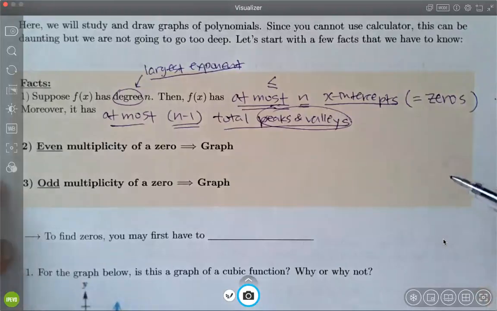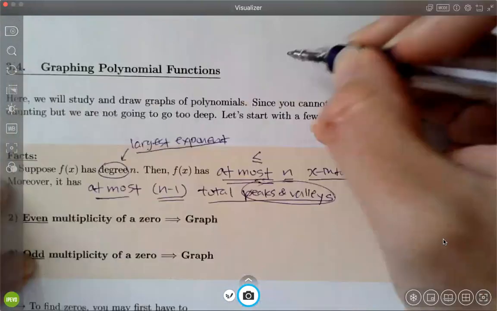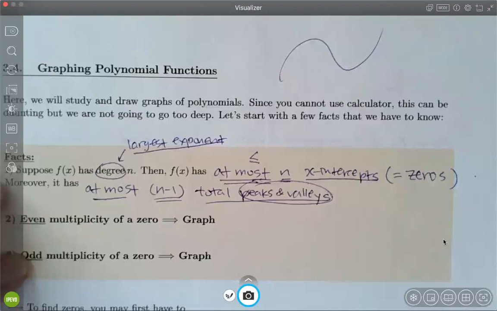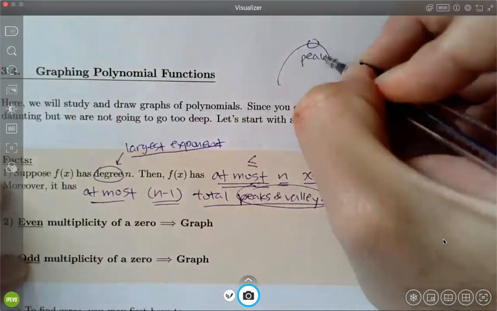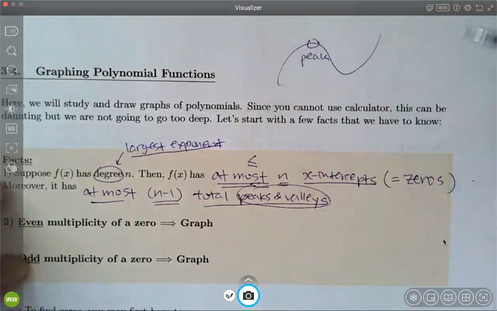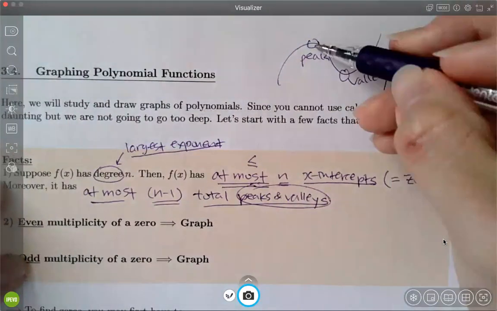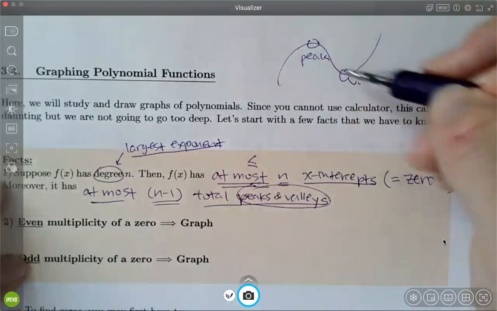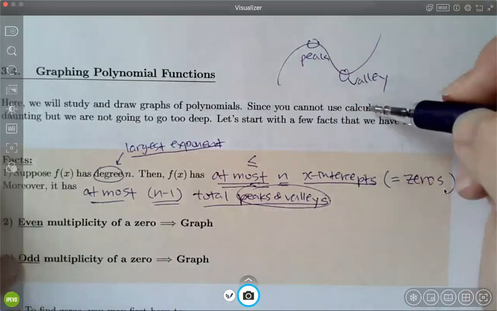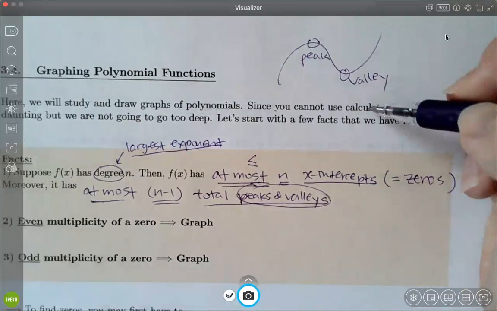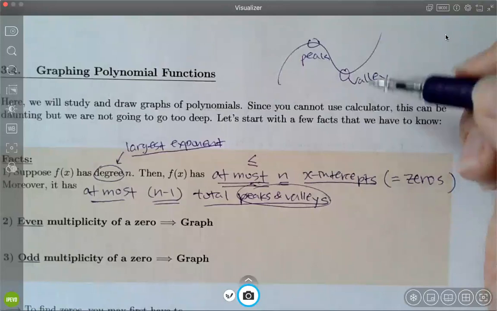Okay, but so basically, what does peak mean? So whenever you have a graph like this, okay, so that's the peak, right? Okay, and that's the valley. So what does that mean? That is the peak, that is the maximum, and that is the minimum. Okay, so basically peak means maximum and valley means the minimum.